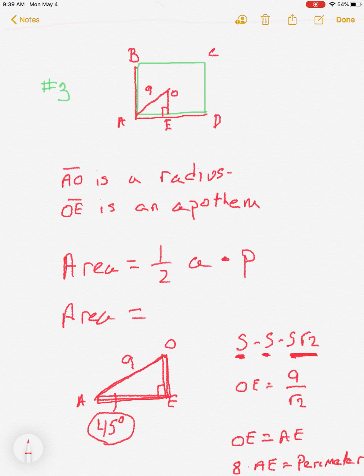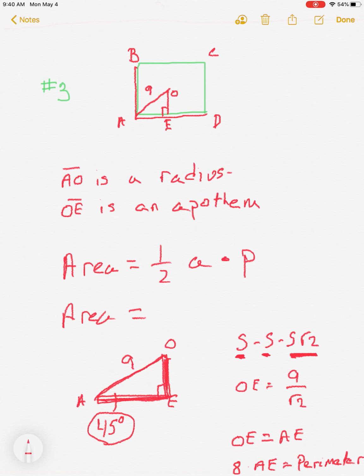Knowing that, I can solve for OE. The hypotenuse is 9 units long, and so the sides across from the 45 would be 9 divided by the root of 2. So that'll give me the apothem, OE.